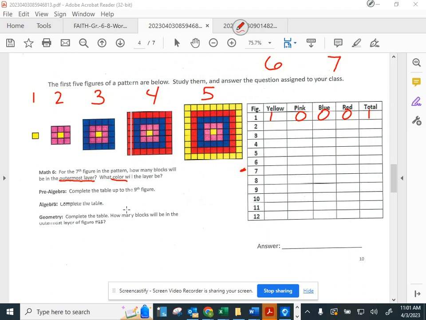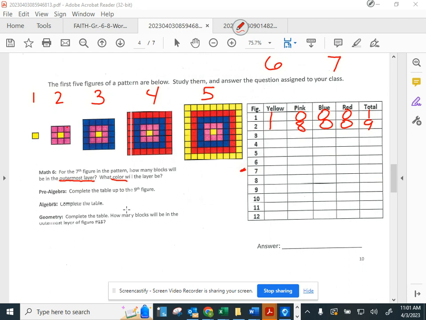How many yellows? 1. How many pinks? 1, 2, 3, 4, 5, 6, 7, 8 pinks. I said 0 blues and 0 reds. There are 9 total, but only 8 of them were pink.